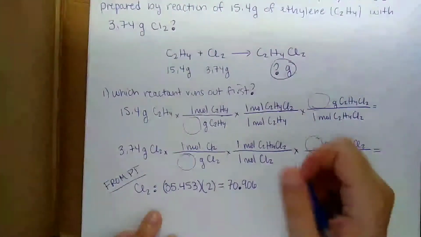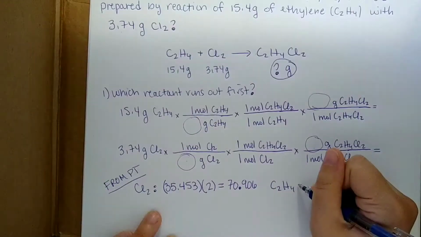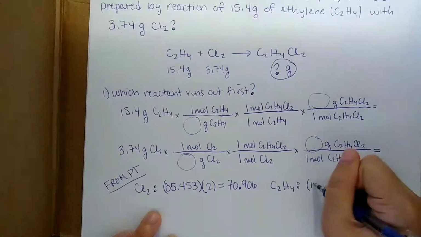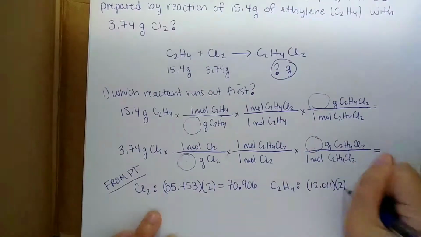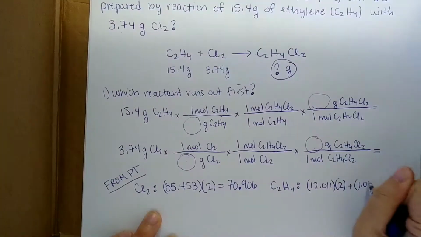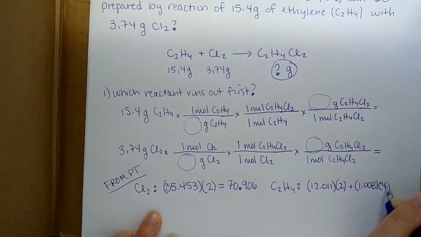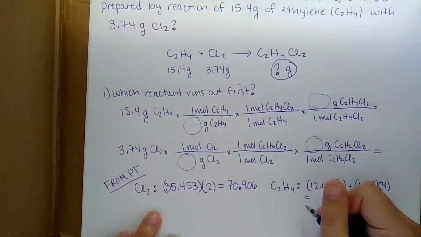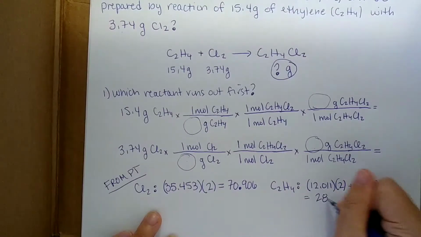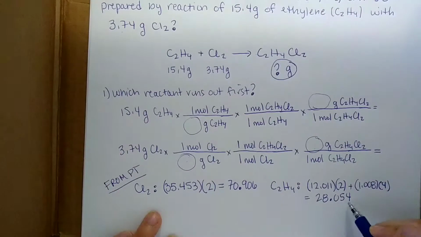Let's do the ethylene next, so C2H4. From your periodic table, this is the mass of carbon, there are 2 of them, and this is the mass of the hydrogen, and there are 4 of them. That ends up being 28.054, something like this.